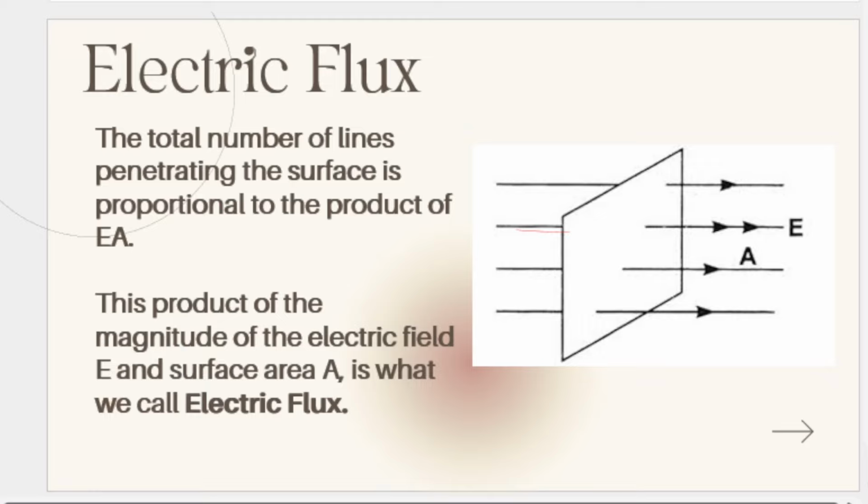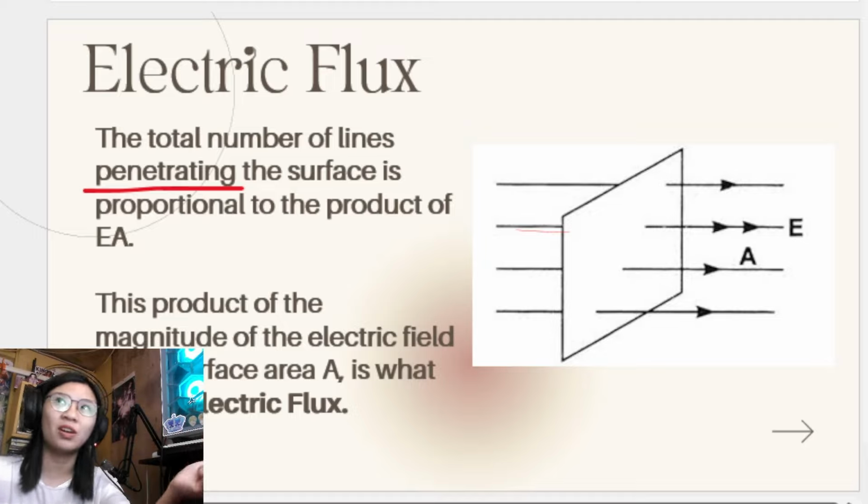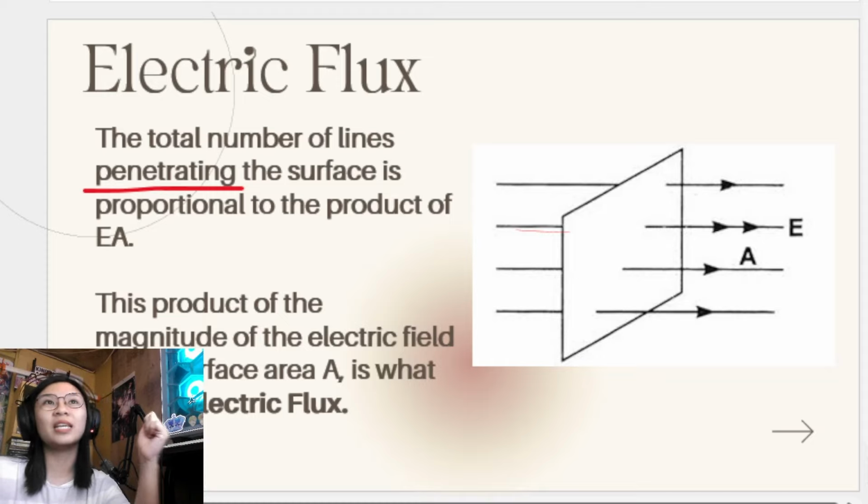Look at the word, with emphasis on penetrating. It needs to penetrate your surface before it can be called electric flux. Therefore, since it penetrates, your E and your surface should be 90 degrees.